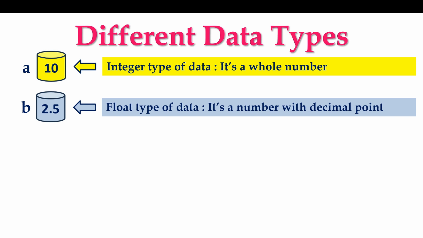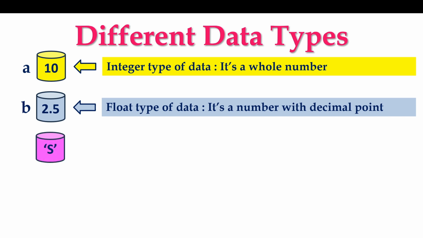Whenever we are dealing with a problem which needs fraction values, then you can use float type of data type. You can see the example. B is a variable which is holding float type of data, that is 2.5.